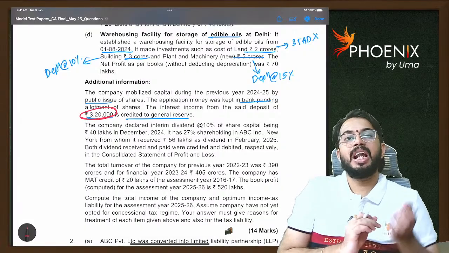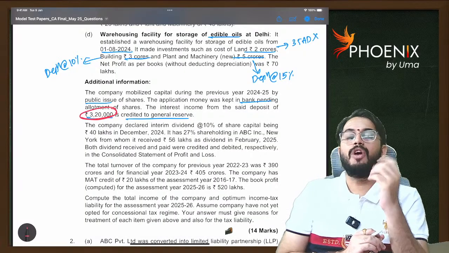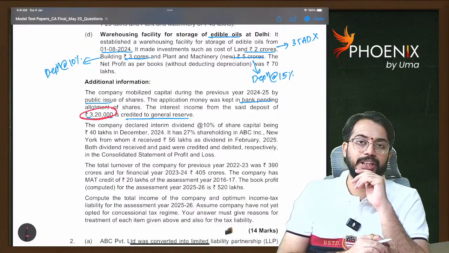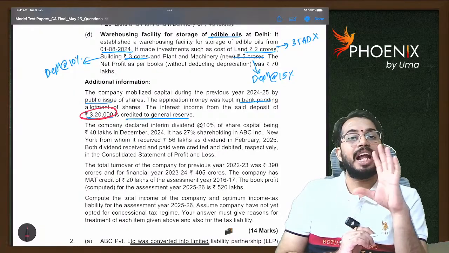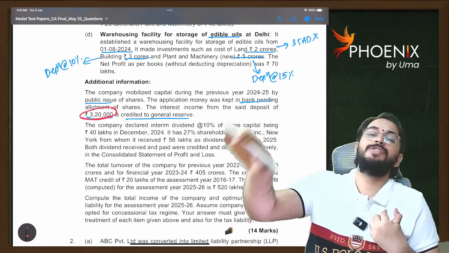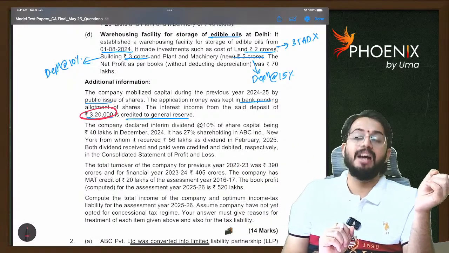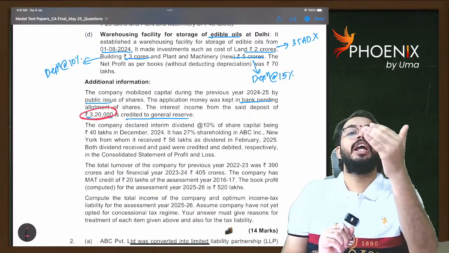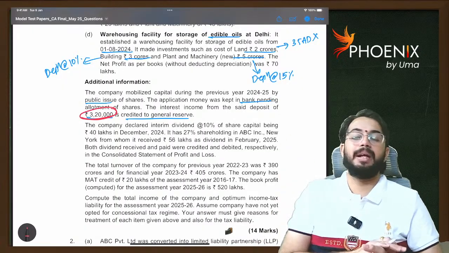See, share application money is of capital nature, na? So whatever interest income is received on money deposited of capital nature, that is not allowed to be credited in the P&L account. This 3,20,000 rupees is income from deposit of share application money. Tomorrow there will be share issue expenses, and from share issue expenses you can reduce the interest income from share application money deposit.